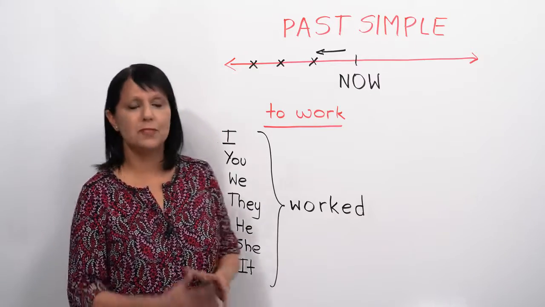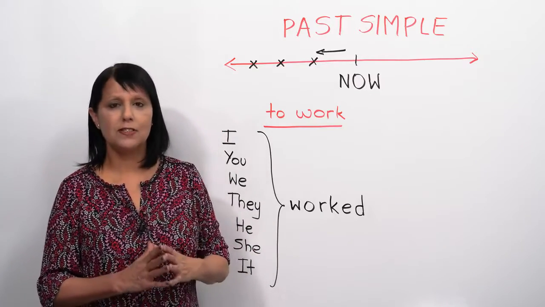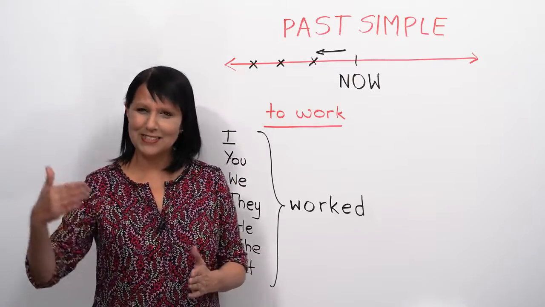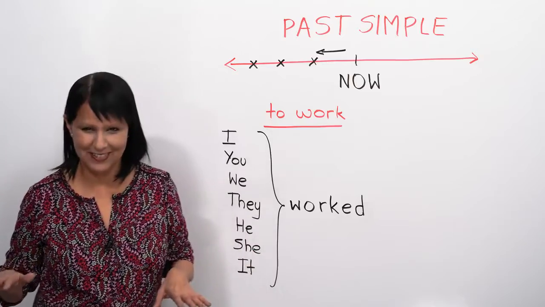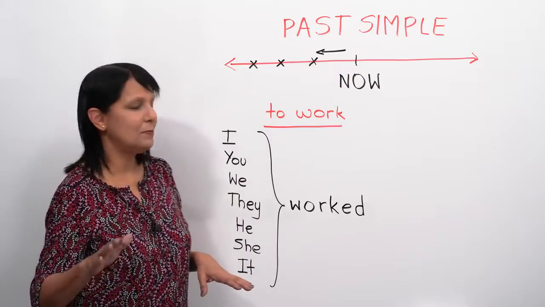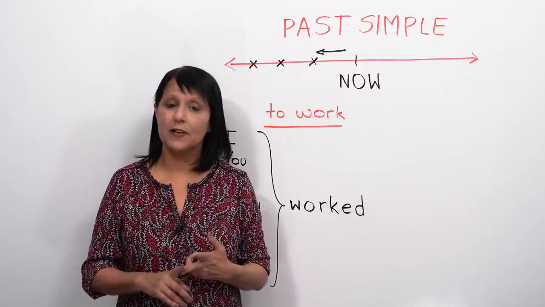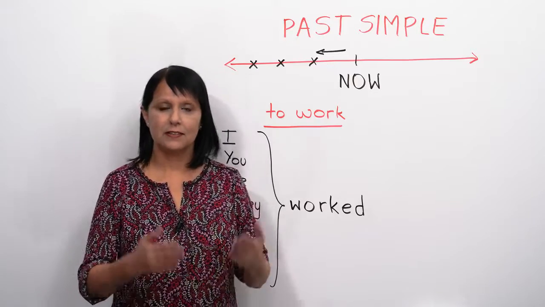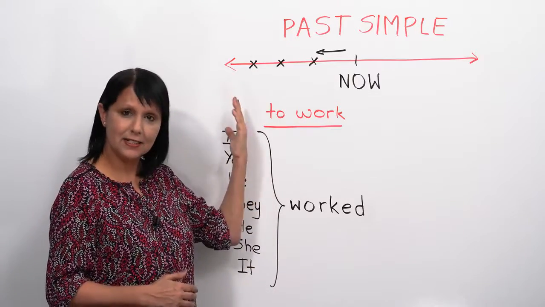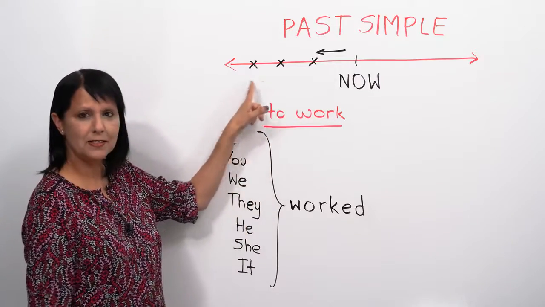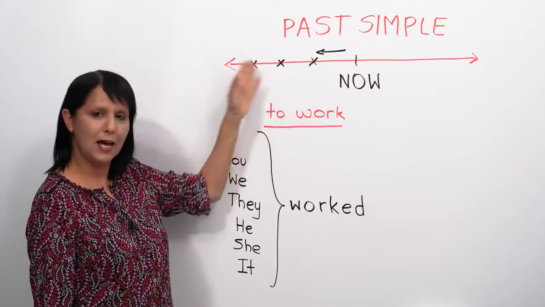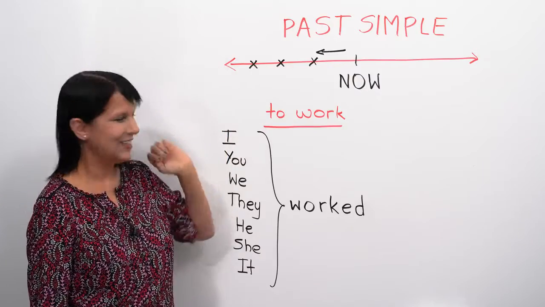But past simple specifically talks about something that happened in the past and it's finished and it's over, okay? We can talk about an action or an event or a situation that started and ended in the past, okay? And that's shown here by these little X's. These things happened before, okay?